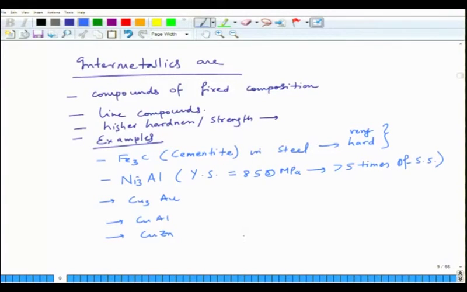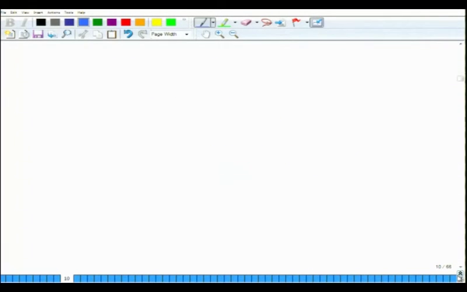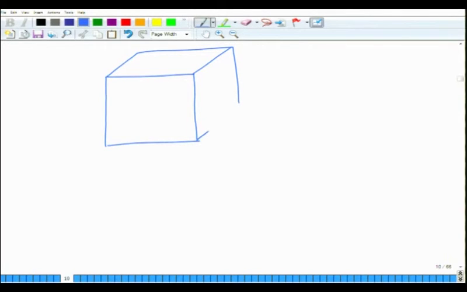And then, for example, Ni3Al again. When Ni3Al is disordered, nickel is FCC, aluminum is FCC.